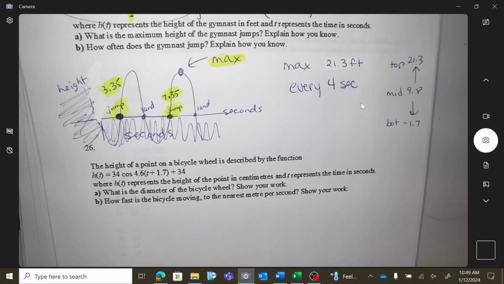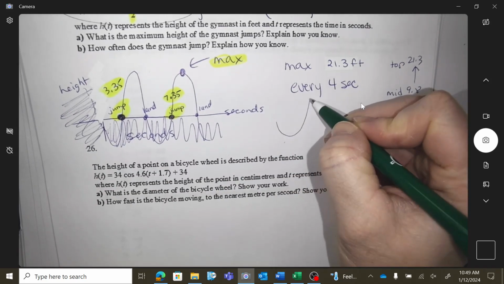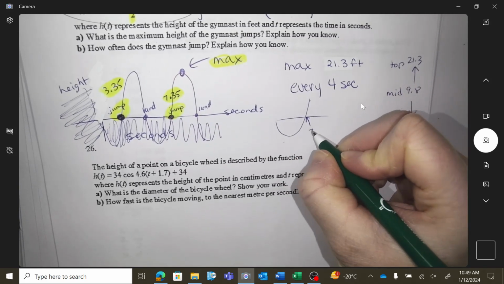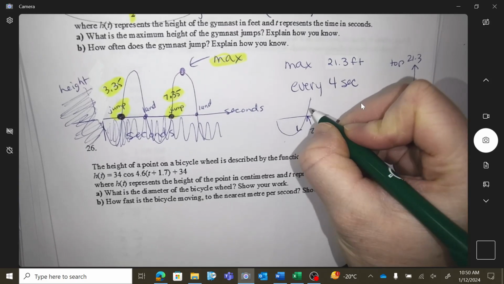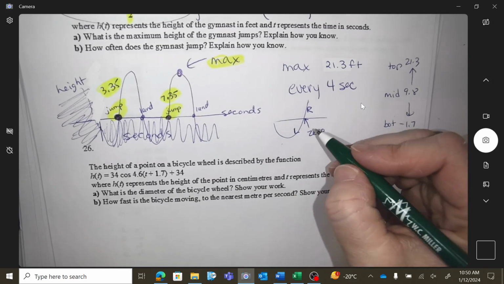So what did you do to find the every 4 seconds? I calculated the 0, and then I did a left and a right, like that, if I was zoomed in.